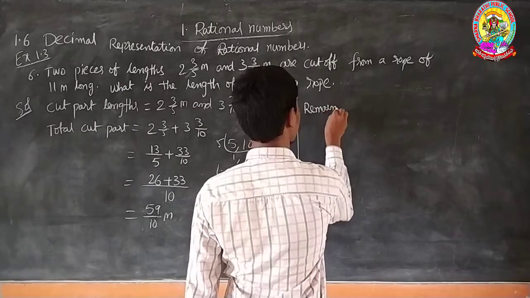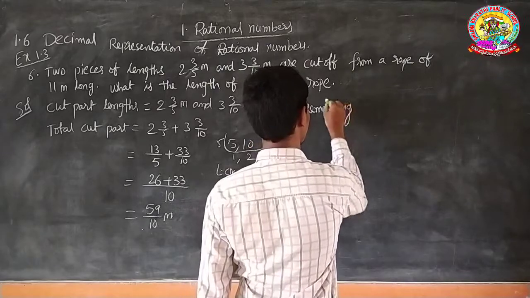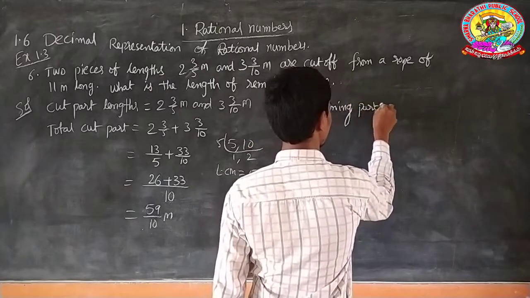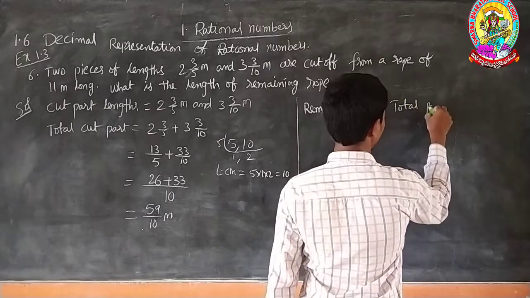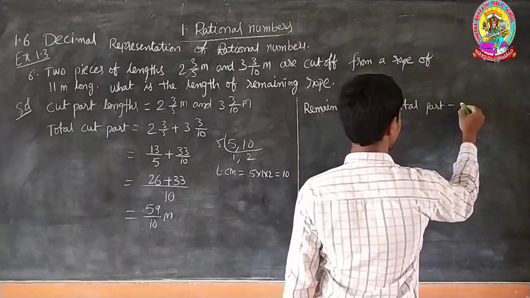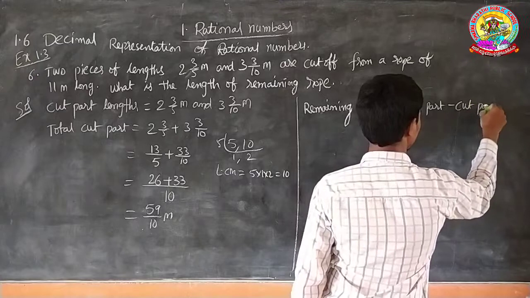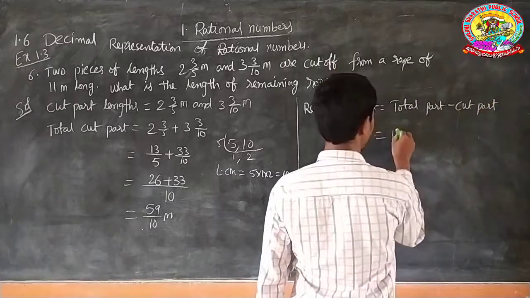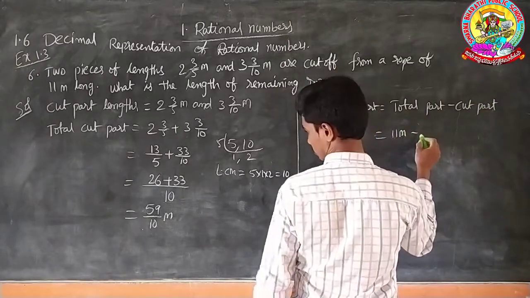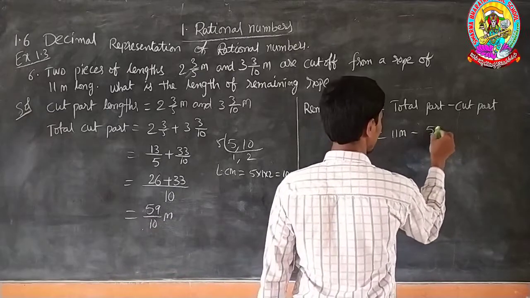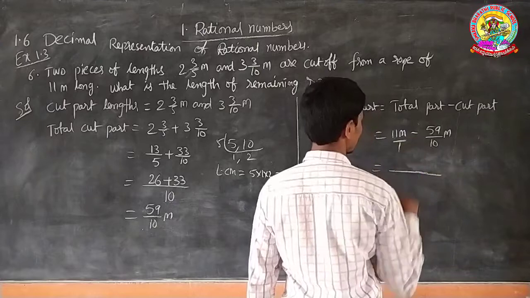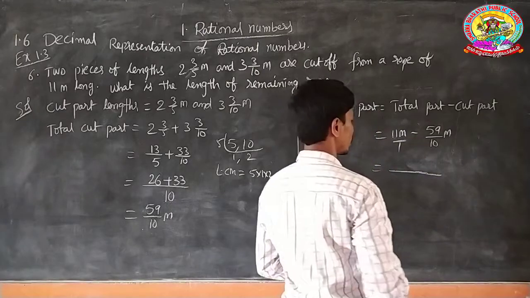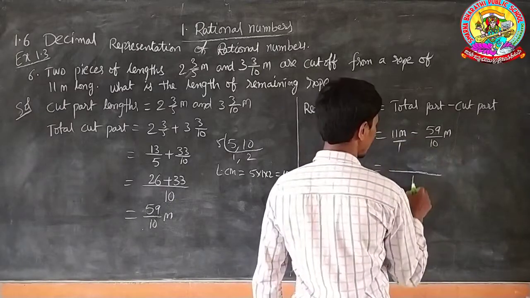Remaining part is equal to total rope, total part minus cut part. Total part 11 meters minus cut part 59 by 10 meters. So here also unlike fractions, that's why the LCM is 10.